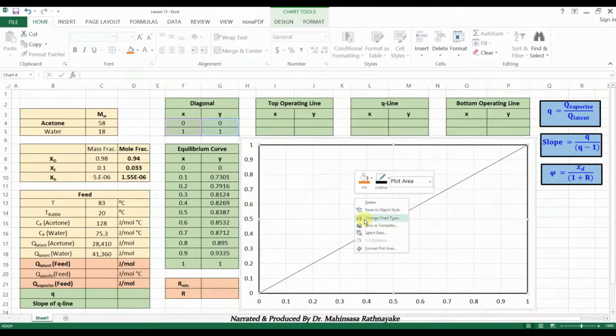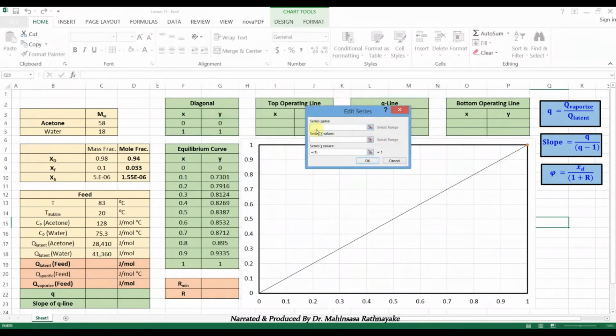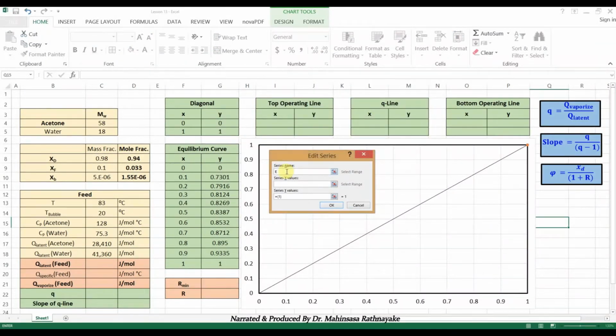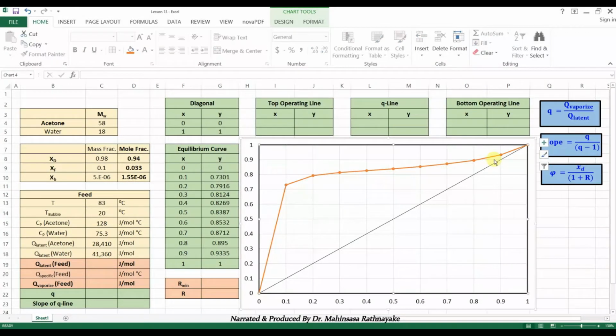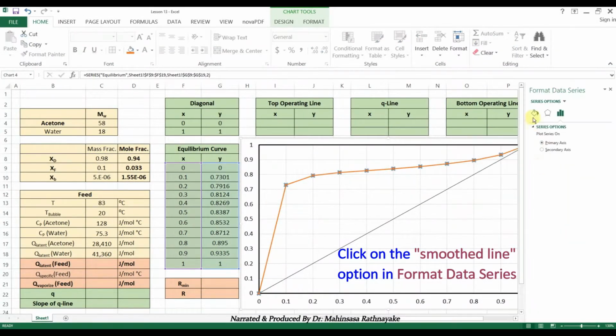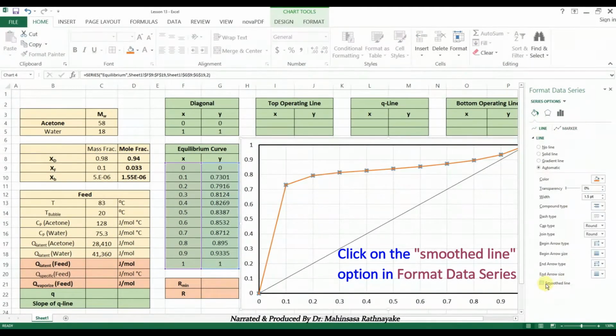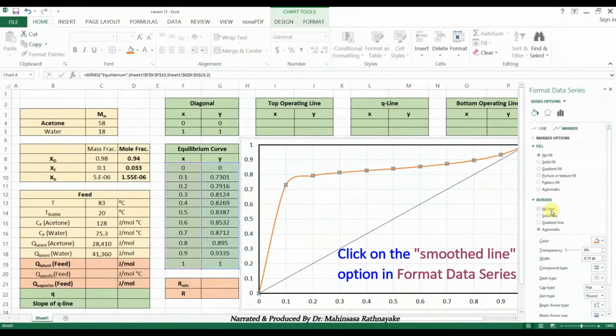In the same way, insert the graph for the vapor liquid equilibrium data. Let's name the series as equilibrium and select X and Y axis values accordingly. Let's apply some formatting for better looking of the graph lines.